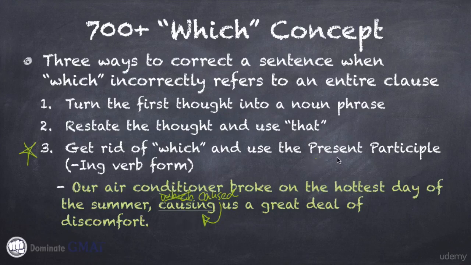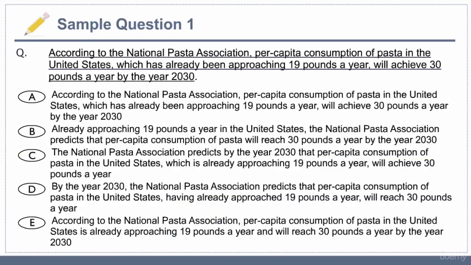The present participle, by the way, is a very flexible verb form, so look for that in right answer choices on the GMAT. This is very often the way that you would resolve this issue in a correct answer on hard sentence correction questions.